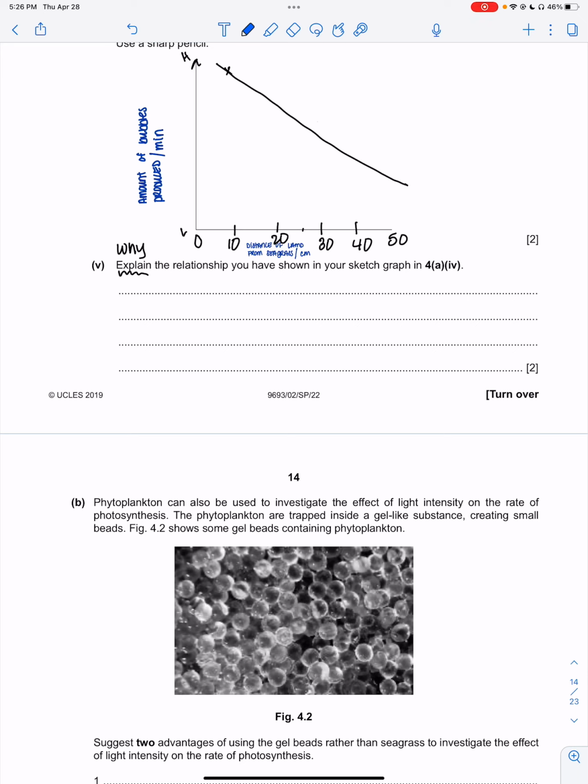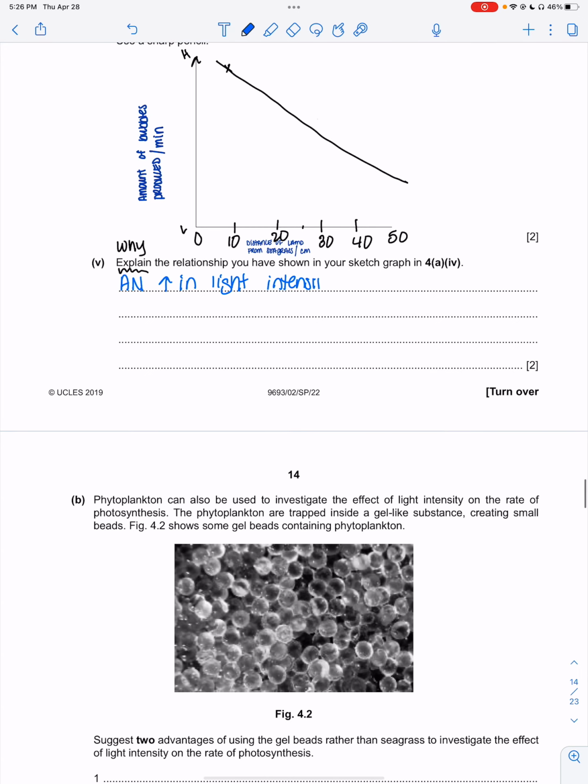Okay, so an increase in light intensity increases the rate of photosynthesis, or as the light intensity increases, the rate of photosynthesis increases. Got to remember the why.